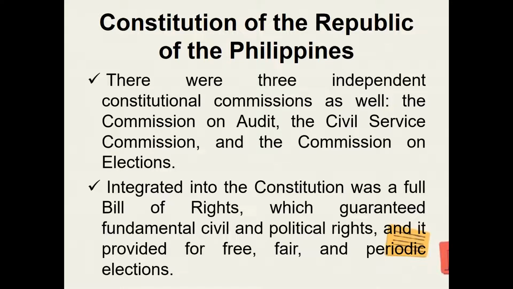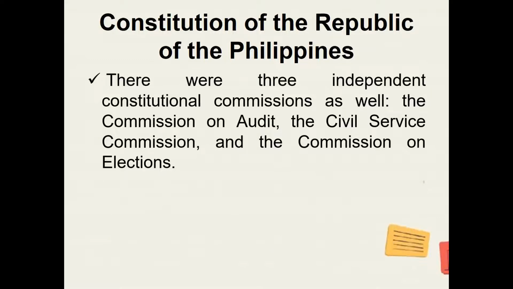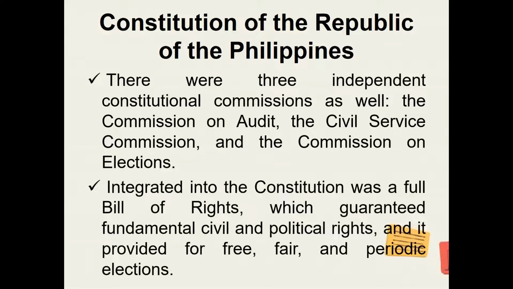So when you cross a checkpoint in Lasang, for example, if there were no Bill of Rights granting us the right against unreasonable search and seizure, the soldiers or the police or the officer, so to speak, could just open your trunk or your doors and check your bags, if there were no rights provided by the Constitution.